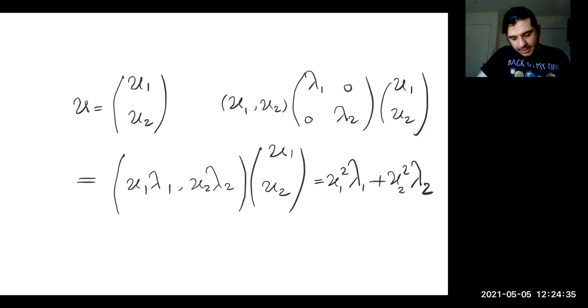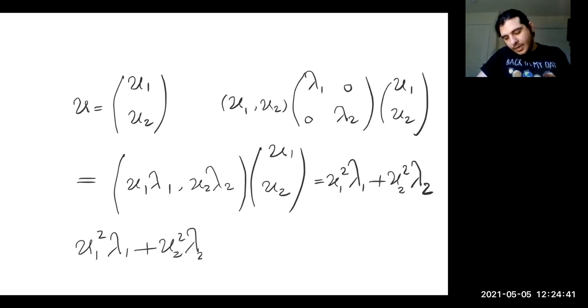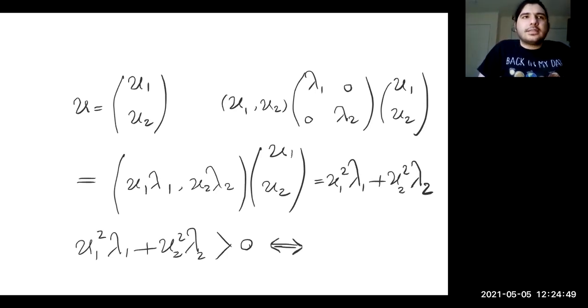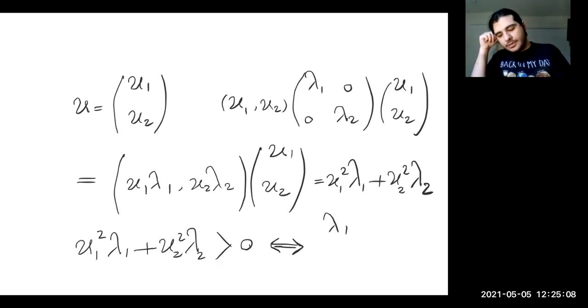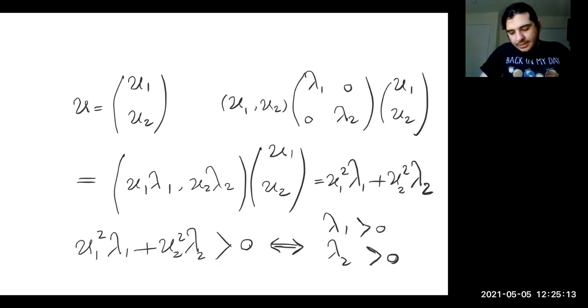So this should always be positive for any non-zero u1 and u2. What does it tell us? For example, if I take u to be (1, 0), it means lambda 1 should be positive. If I take u to be (0, 1), it shows me lambda 2 should be positive. So it simply tells me the eigenvalues should be positive.